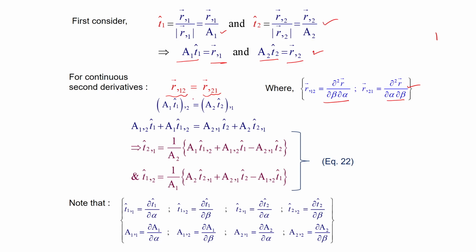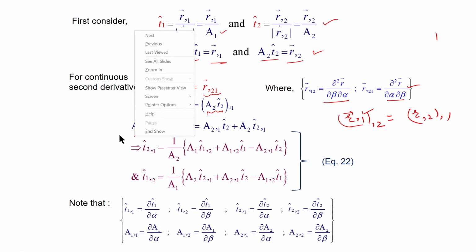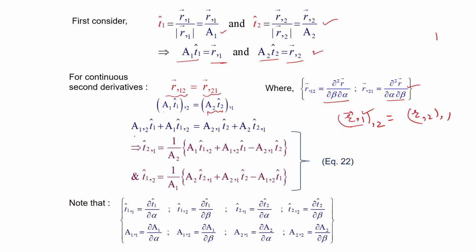So we can write that the derivative of r comma 1 with respect to 2 equals the derivative of r comma 2 with respect to 1. r comma 1 can be written as A1 T1 hat, and r comma 2 can be written as A2 T2 hat. Differentiating the first function, we get A1 comma 2 with T1 hat remaining, plus the first function as it is times the differentiation of the second function, T1 hat comma 2.